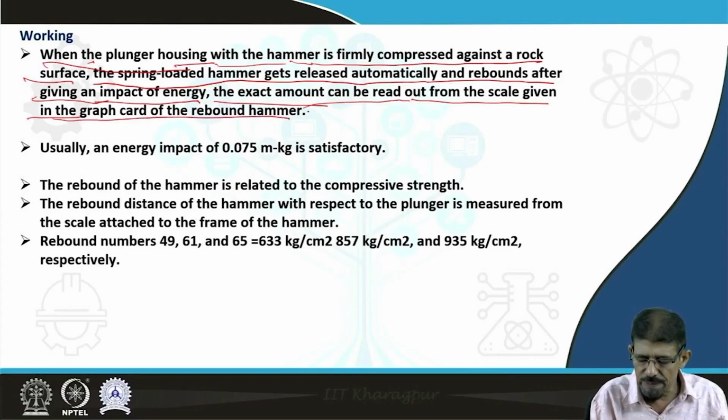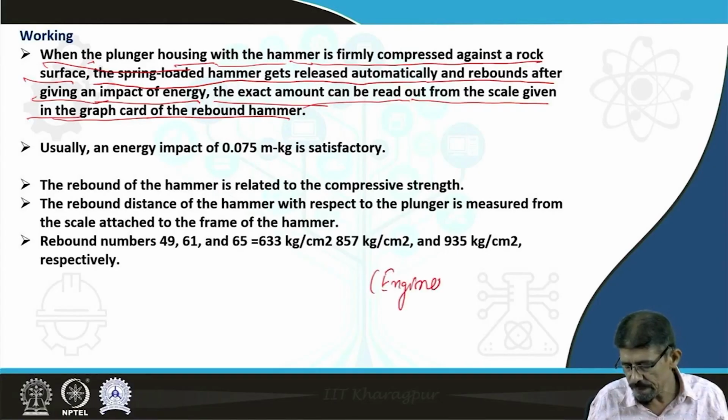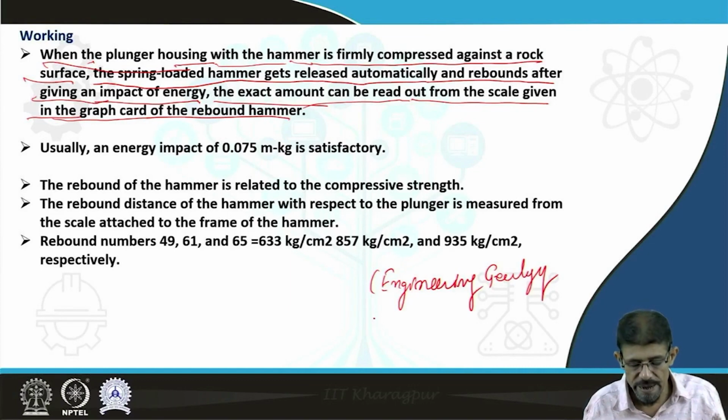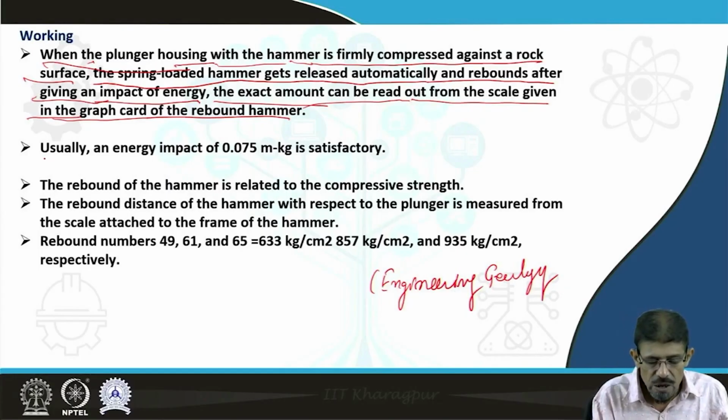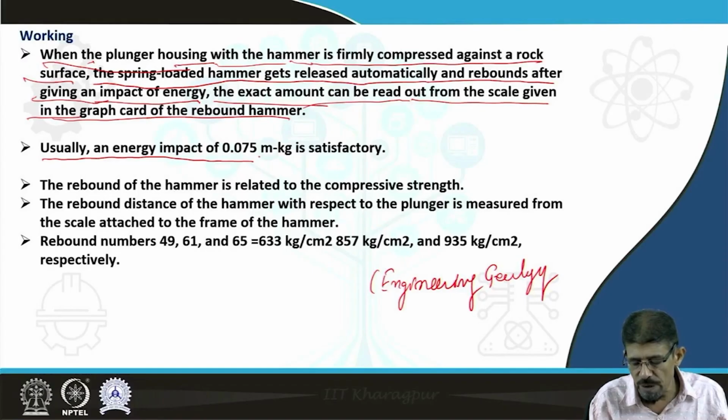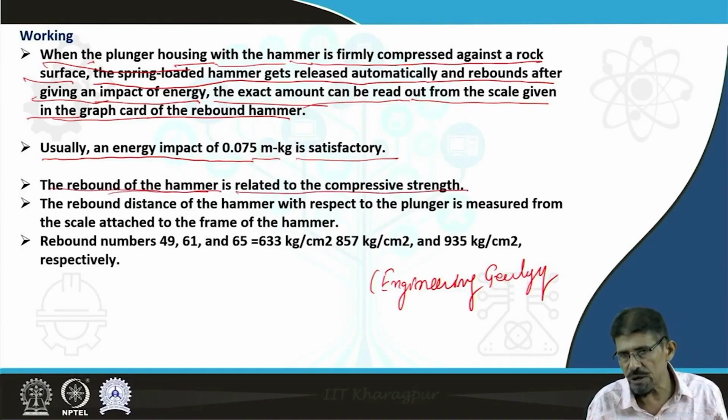This concept I have taken from the book Engineering Geology, written by Gangopadhyay. Usually an energy impact of 0.075 mkg is satisfactory, and the rebound of the hammer is related to compressive strength.